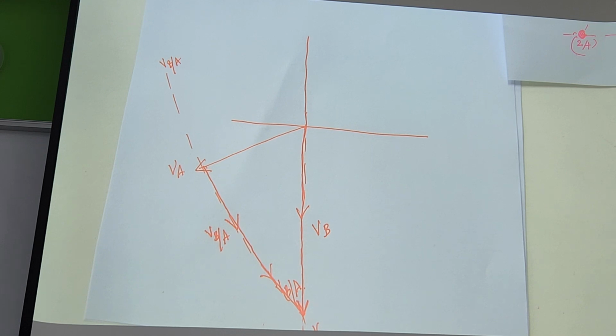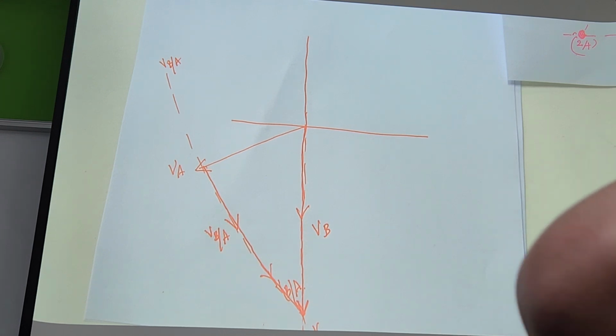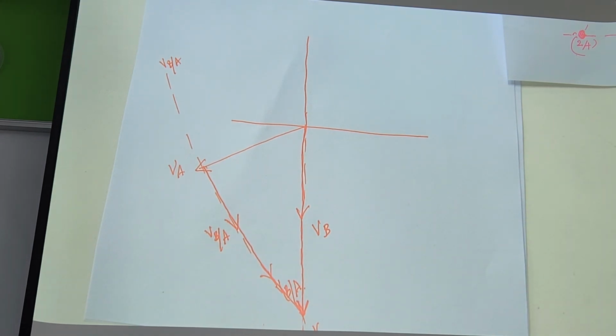Not very clear because I draw a lot of lines. I divided by 100. Is it roughly half, less than? It should be less than. No, VB should match both ways. It should match.